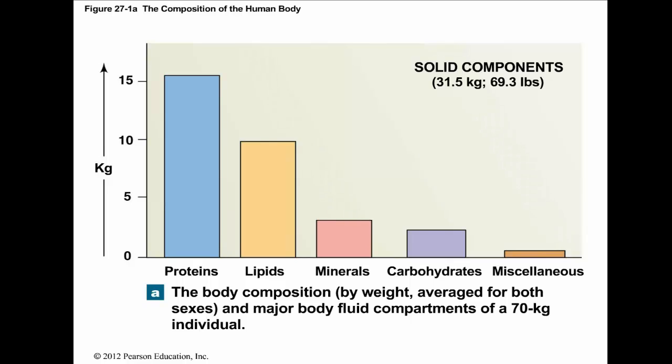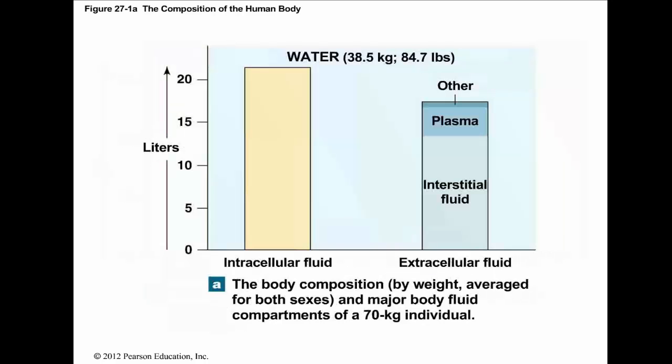So now if we look at the composition of water in that same individual, you can see that water makes up 38.5 kilos, so makes up the rest of the person. Most of it is in the intracellular compartment, with part of it being in the extracellular fluids.